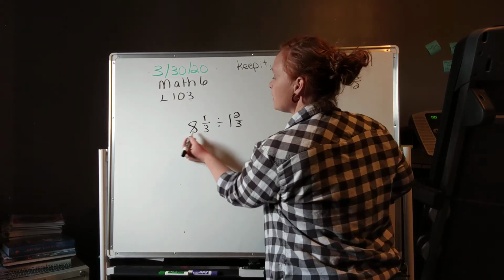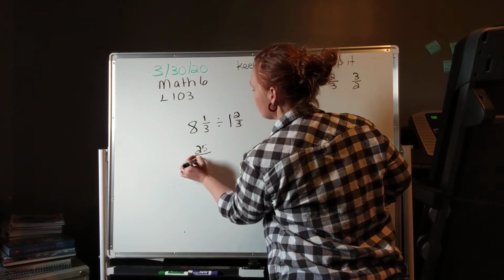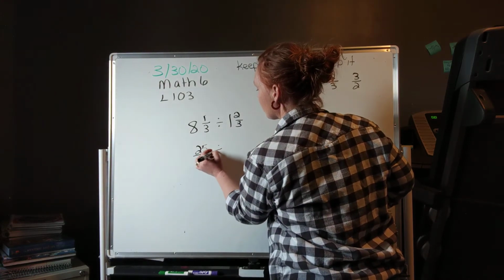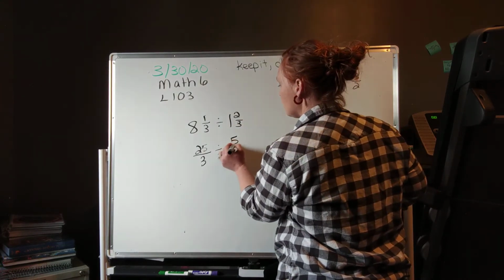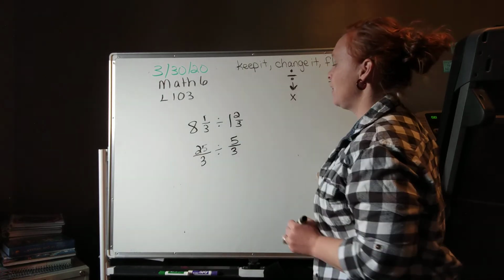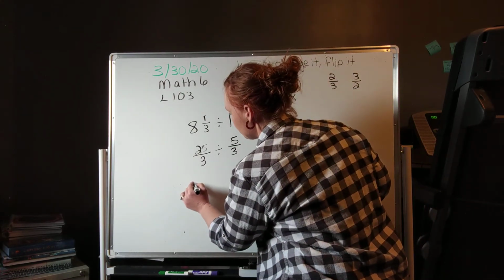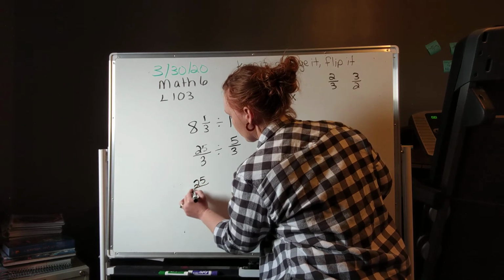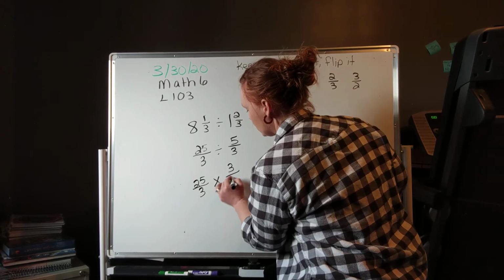Okay, so 3 times 8 is 24, plus 1 is 25. 3, 4, 5. Okay, so now we can do keep it, change it, flip it. So keep it, change the sign, flip the fraction.